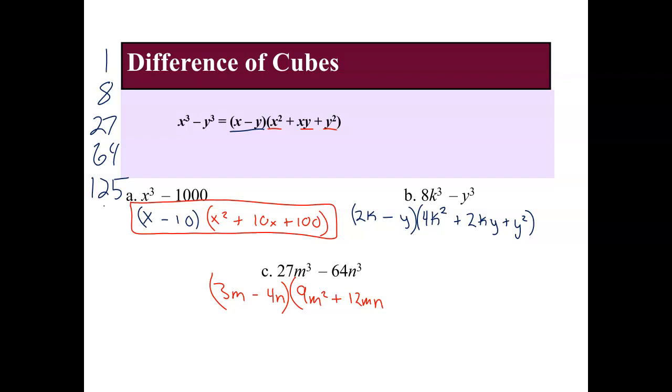Plus or minus? 16n squared. So we just plug it into the formula and solve. The only difference between a difference of cubes and a sum of cubes is we switch two of the signs.